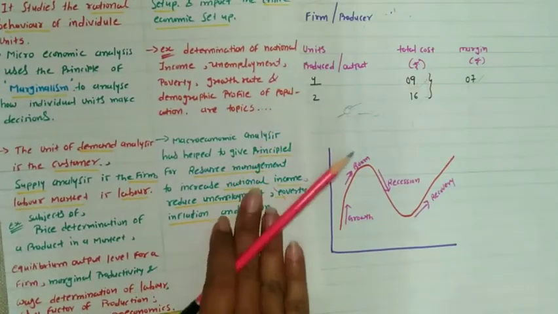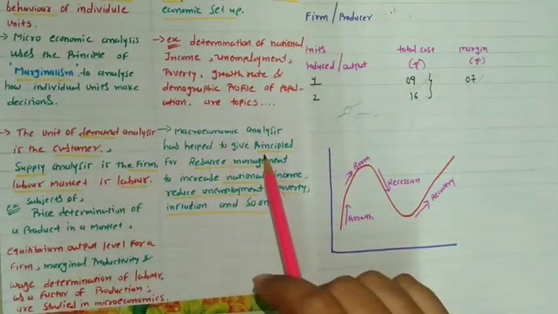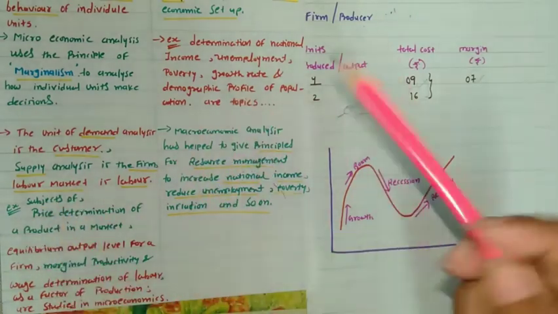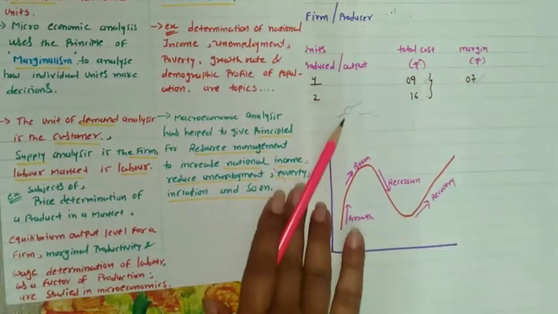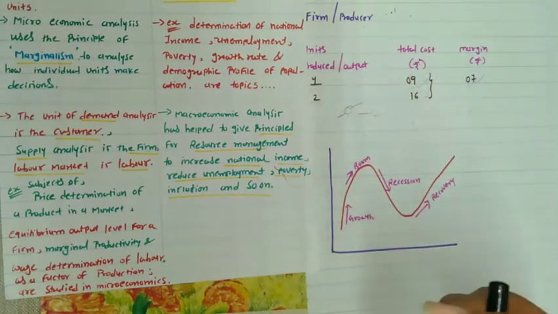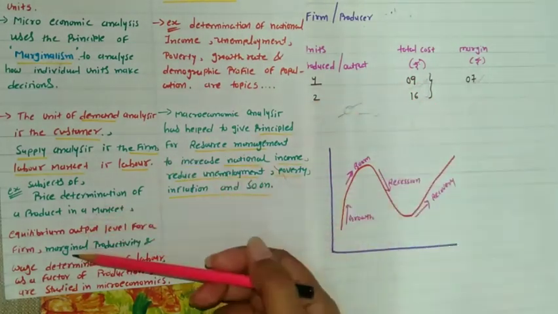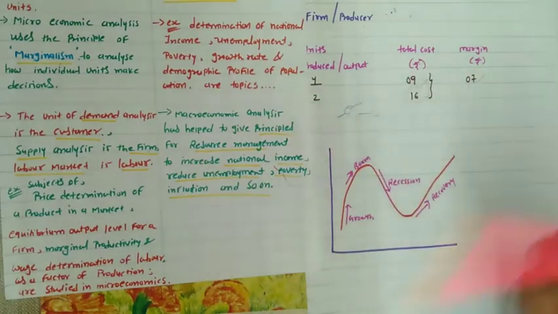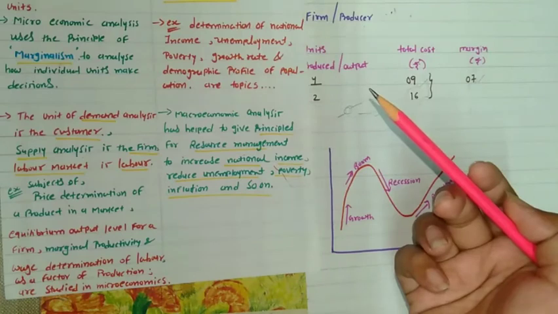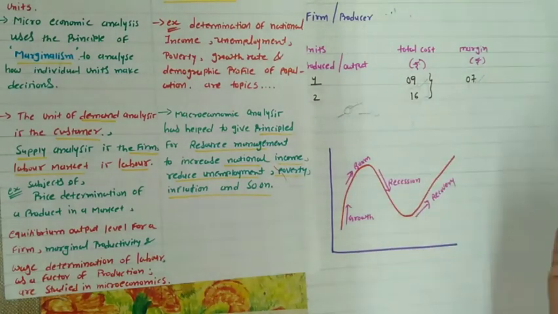The unit of demand analysis is the customer, supply analysis is the firm, and the labor market is labor.